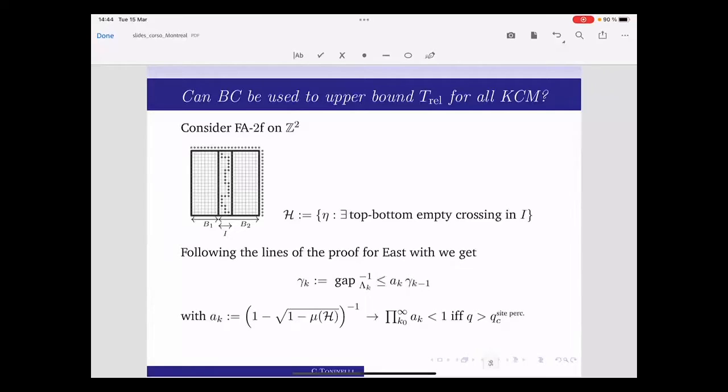For that, one possibility would be to require on the stripe in the middle a path, a top-bottom crossing of empty sites.